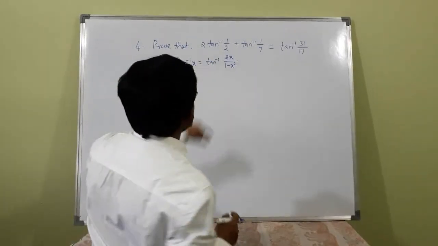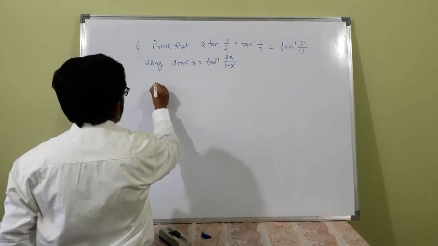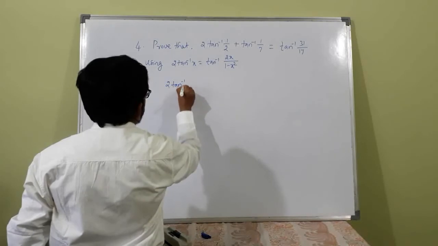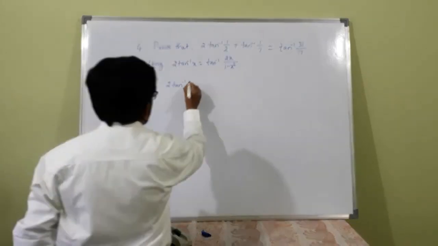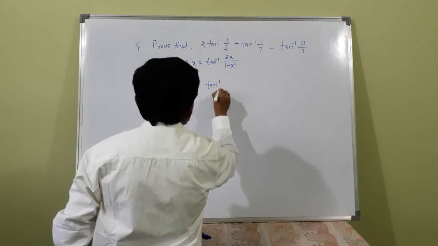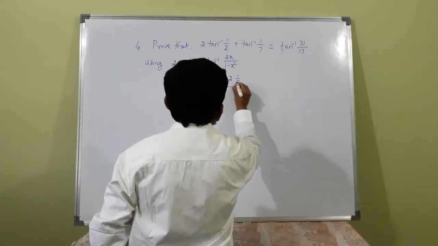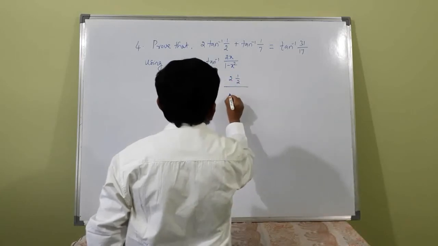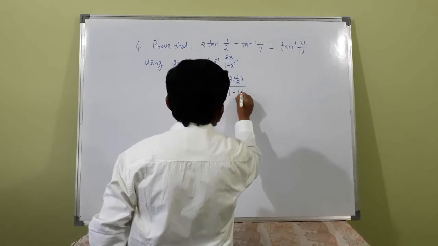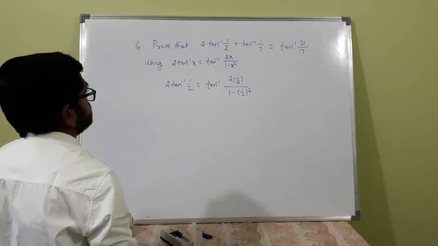Now therefore 2 tan inverse half is equal to tan inverse of 2 into half divided by 1 minus half squared. X is half here, isn't it?